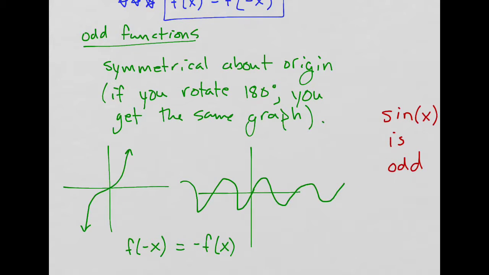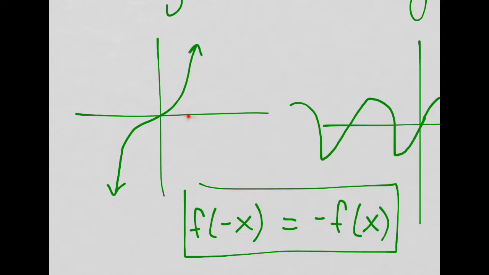And the algebraic property for odd functions is right there, meaning if you plug in a -x, you get the same y value except for a different sign. So let's see what that means. If I plugged in 1, maybe I get 1, if this was like x cubed. Okay, if I plug in -1, I get 1, but negative. That's what this is saying.